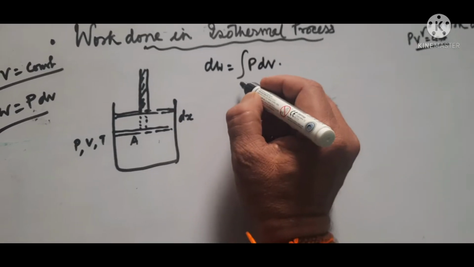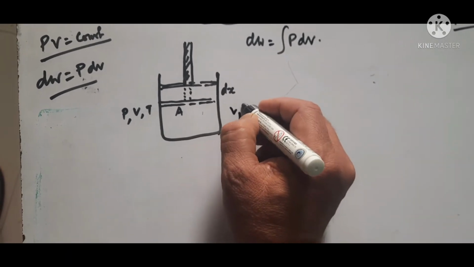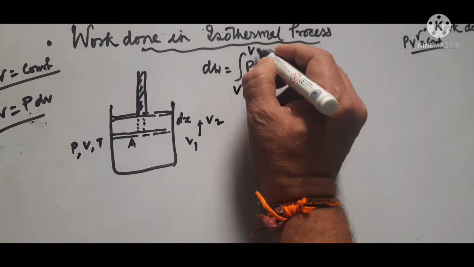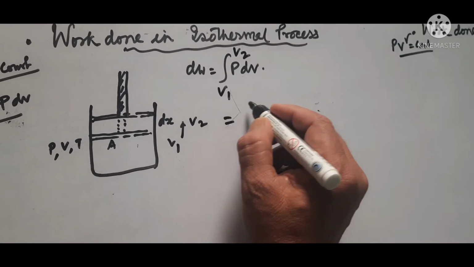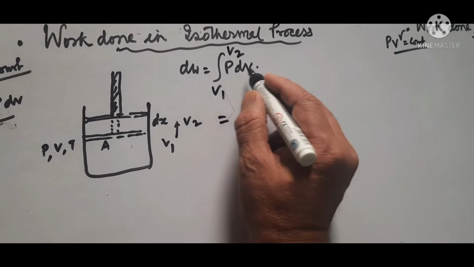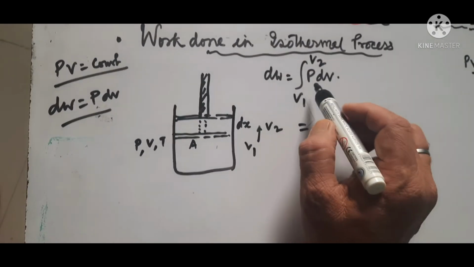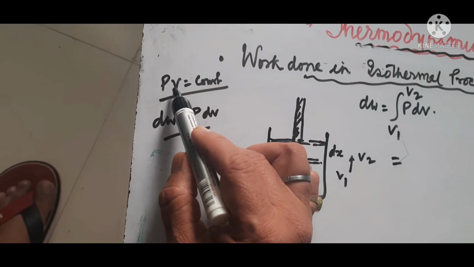Now let us consider the gas expands from initial volume V1 to V2. So the limit is V1 to V2. So this is your integration of P dV from V1 to V2. Now this value of P we are going to find out with the isothermal equation.